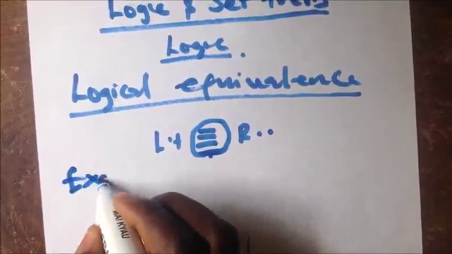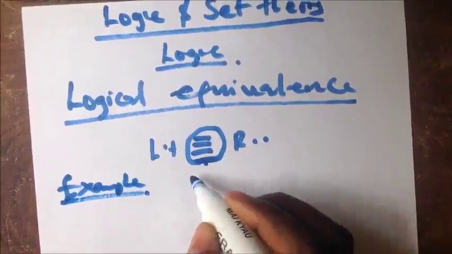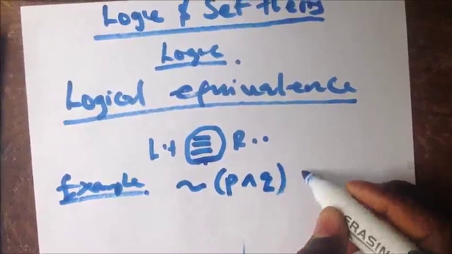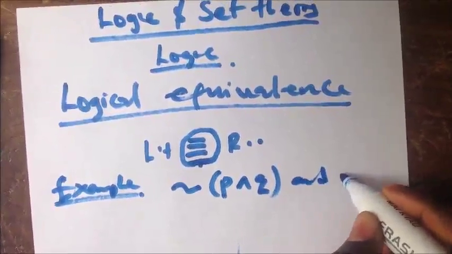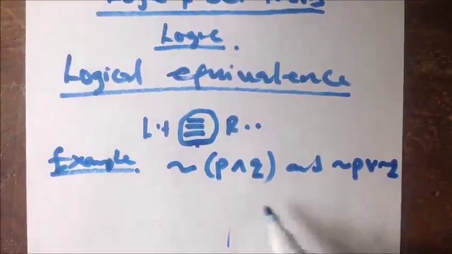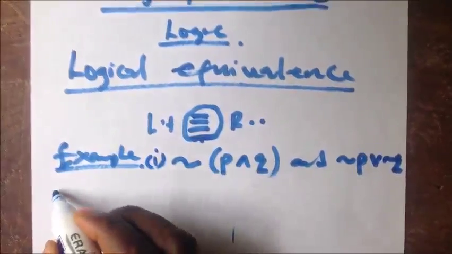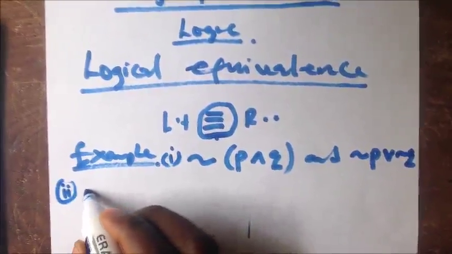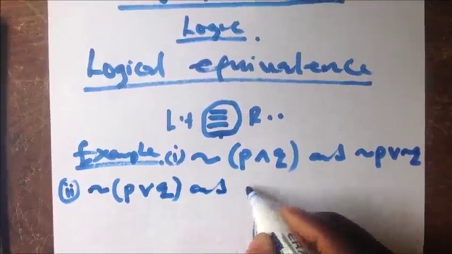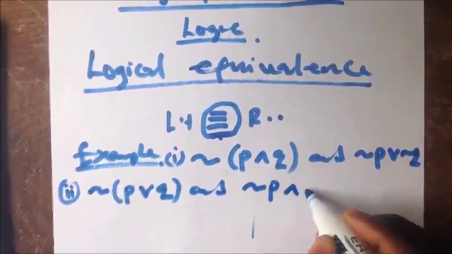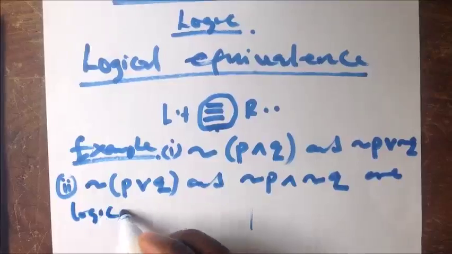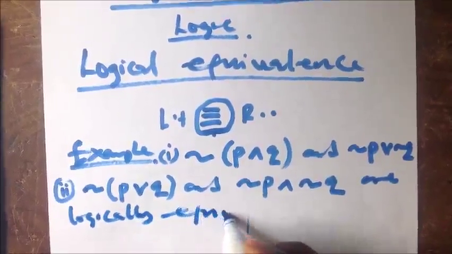So now let's take some examples and see whether they are logically equivalent. Example 1. We are to test whether the negation of P and Q, and this, which is negation of P or negation of Q, are logically equivalent.